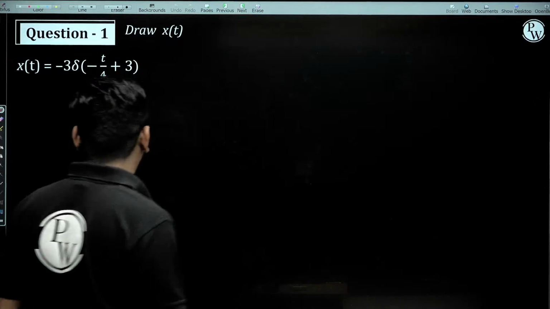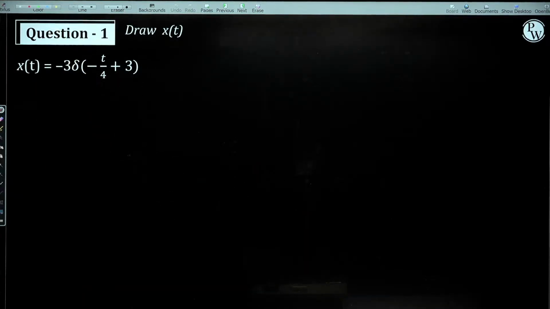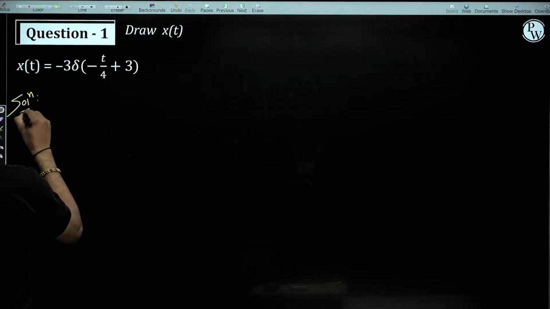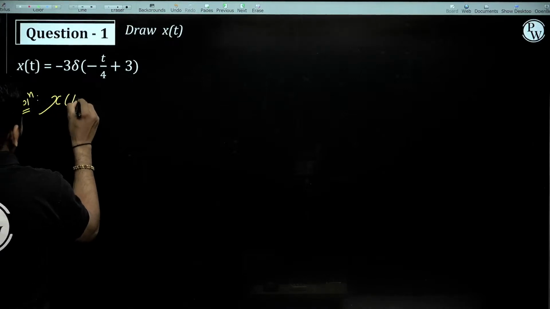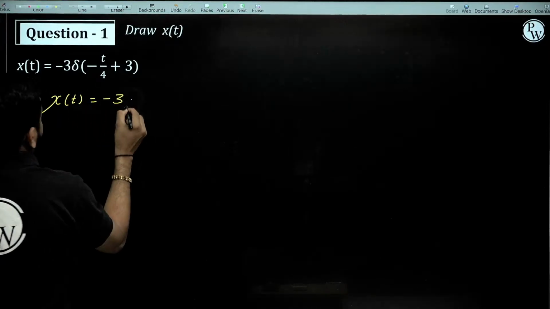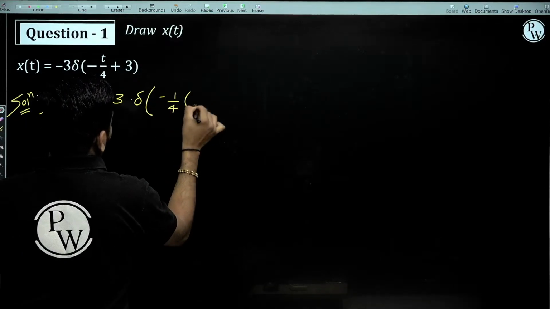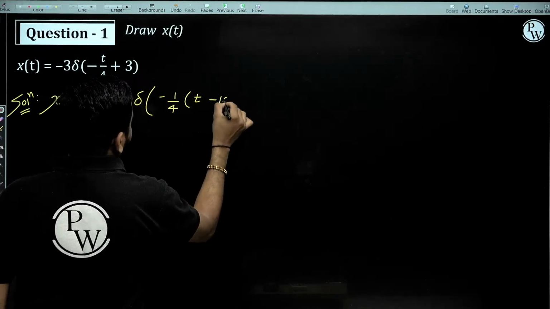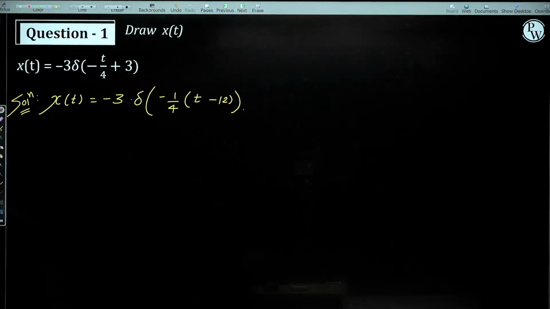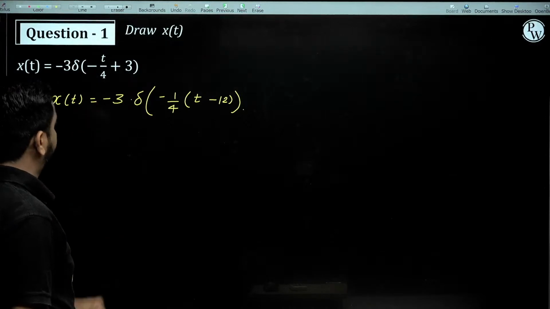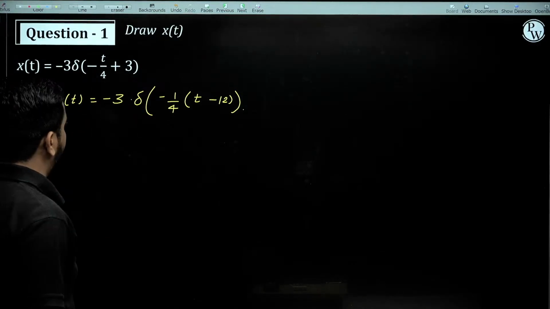Question number 1. They are asking to draw x of t, or they can ask to find the area of x of t, guys. So here x of t is minus 3 delta of minus 1 by 4 scaling factor, t minus 12. Minus 1 by 4 is the scaling factor, so take it common: minus 1 by 4 times t minus 12.